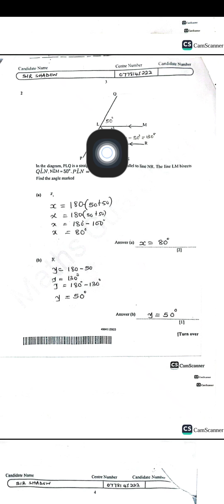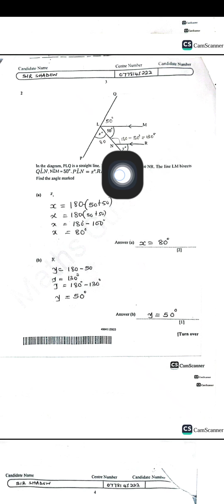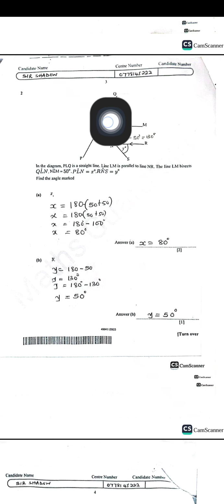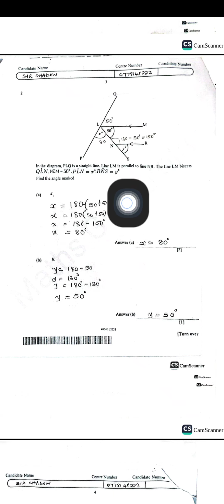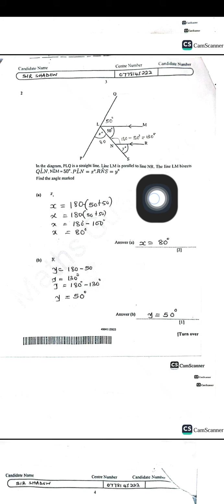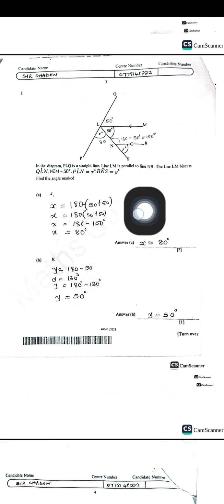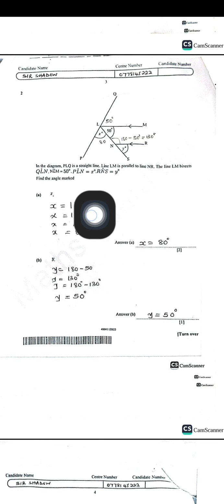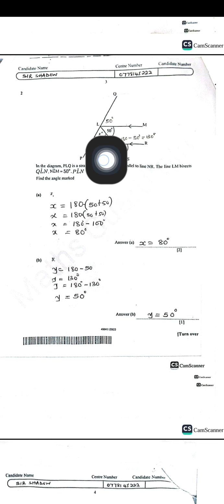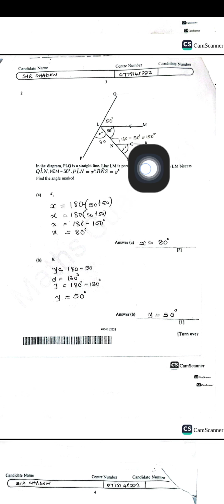Since LM bisects QLN, this angle and this angle are equal, because bisecting means dividing something into two equal pieces. Find the marked angles. Here are the marked angles. We have x. We also have y right here.